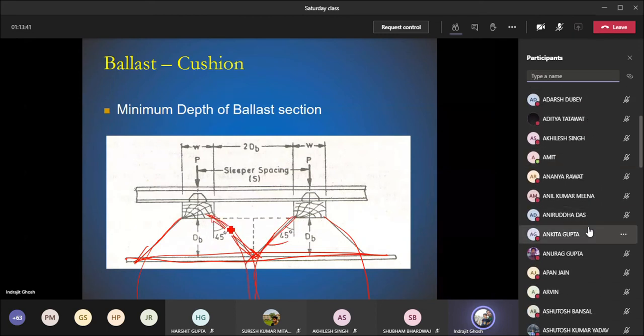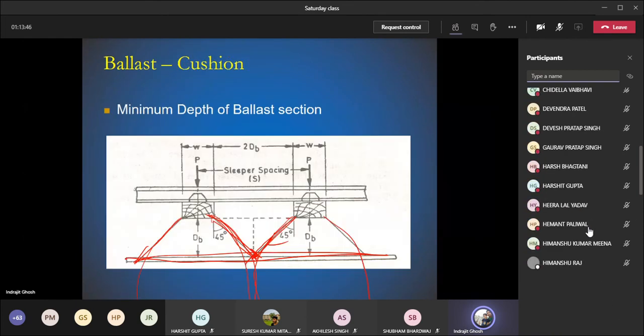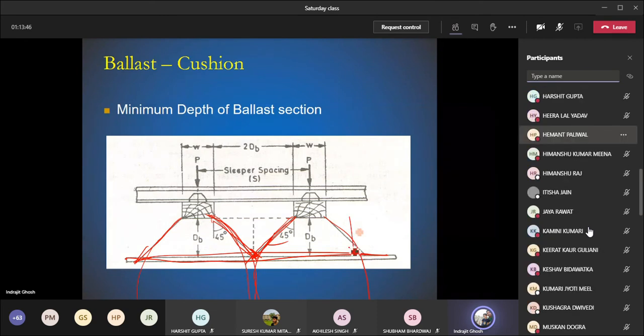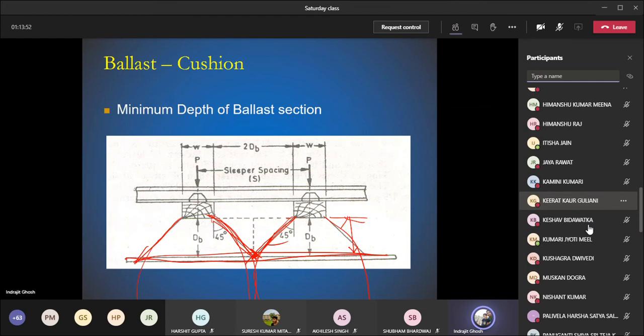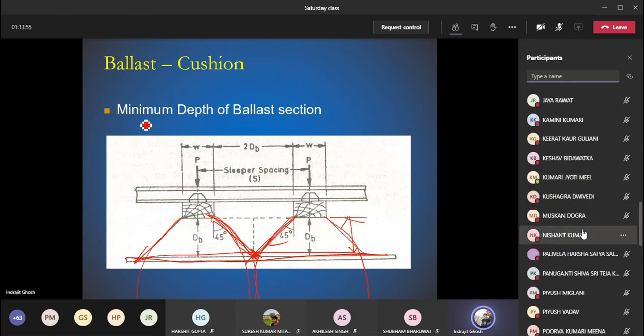Rather, where this line and the other line are going to cut, we call it the desired depth that we need. So there is one simple formula adopted in order to come up with the minimum depth of the ballast cushion, which is evident here.